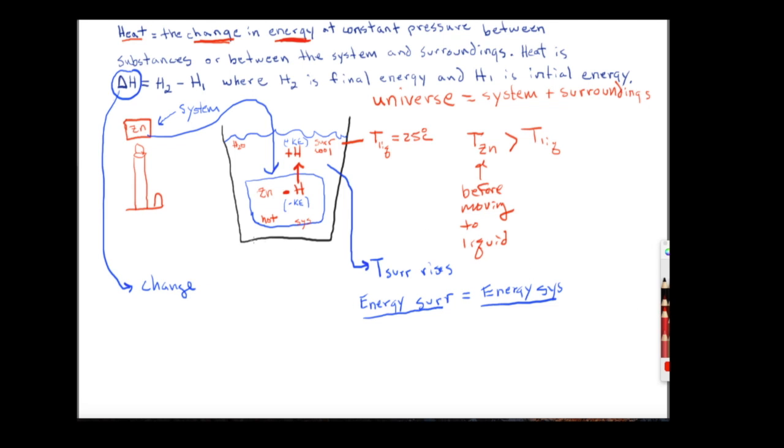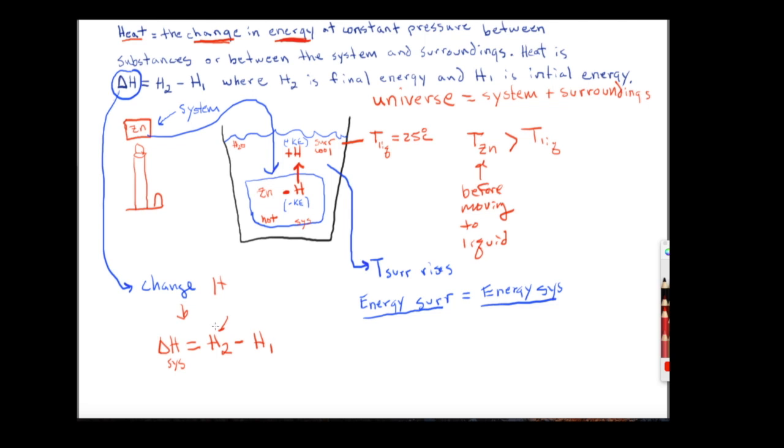So we have gone from inputting the hot zinc here, the energy change happens, the whole universe now settles out at a new temperature and a new energy, which is the same for both of the objects. So the change in H, which is going to be the delta H, is going to equal where the energy finishes minus the energy of where we started.